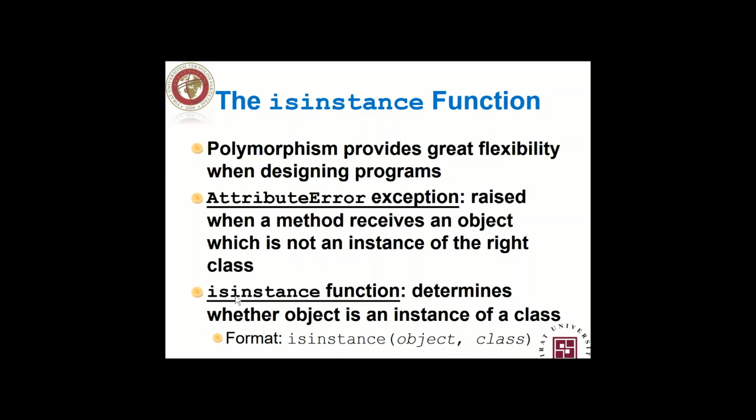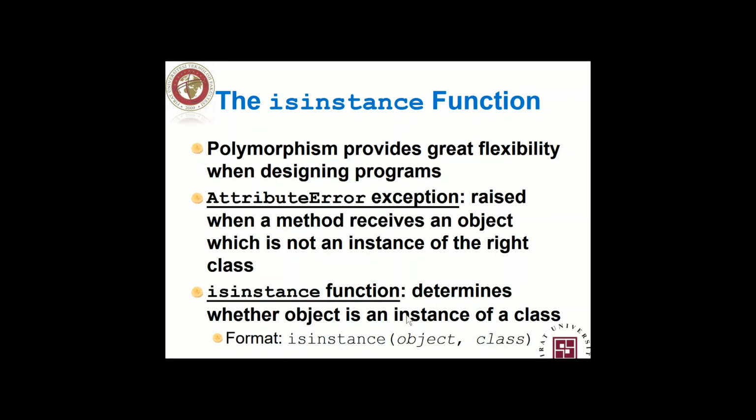isinstance is a function that allows you to check if a certain object is an instance of a certain class. For example, let's say car1: you provide car1 and ask, is it an instance of class car? It will return true if it is, otherwise it returns false.